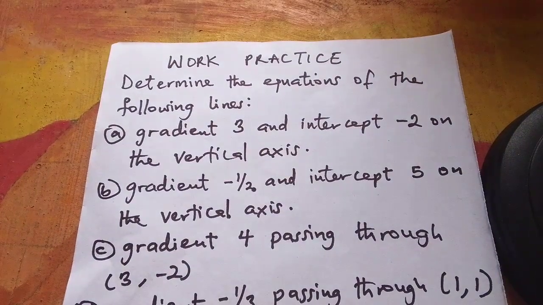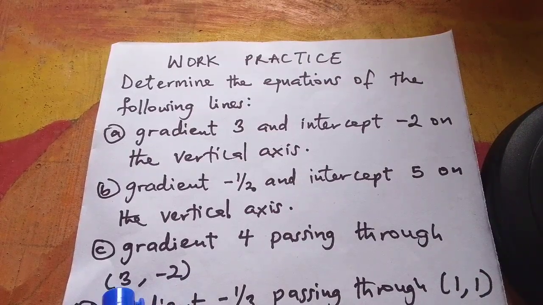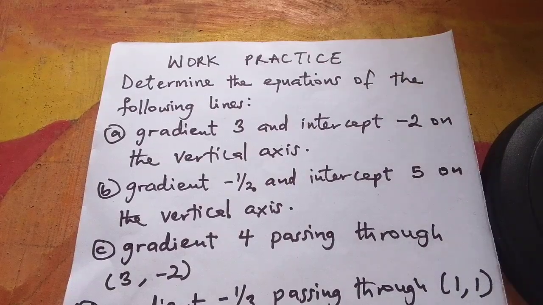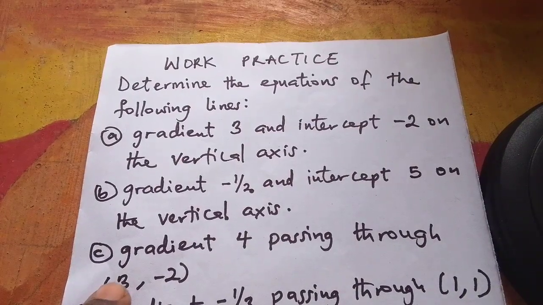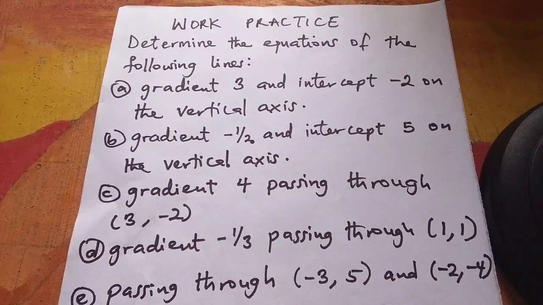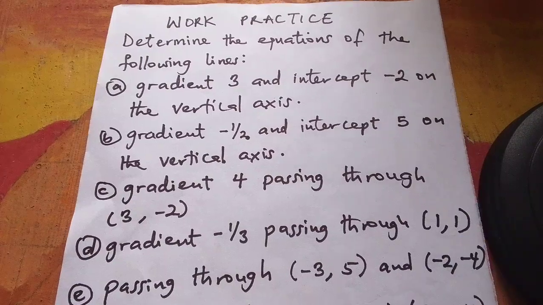C. Gradient is 4 passing through the coordinate (3, -2). So that means when the gradient is 4 and the line is passing through this point. Number D, gradient is minus 1 over 3 when the line is passing through this point, x is 1, y is 1.